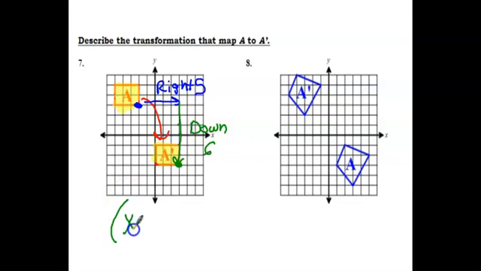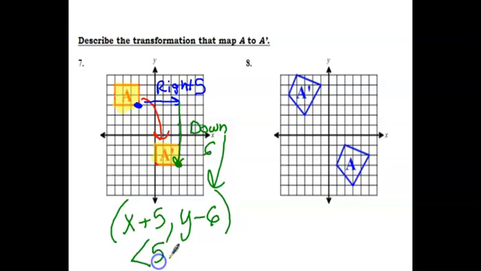So you can write x, right means plus, and down means minus. So this would become my rule. X plus 5 and y minus 6. As a vector, I would put (5, -6). All right, I want you to try number 8. So let's try this point right here. I'm going from this point because this is my A, and I'm going to move it. I'm going to count until I get to that point, number 8, because that's the same point for A1.